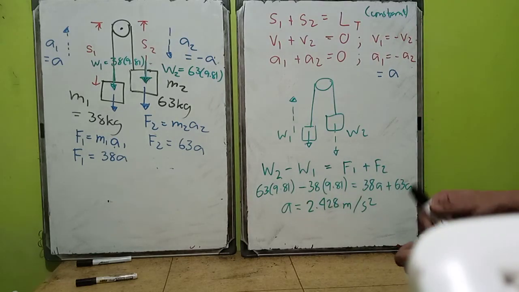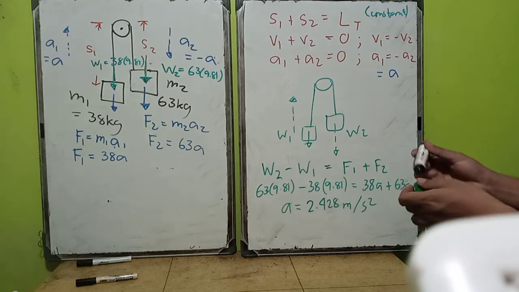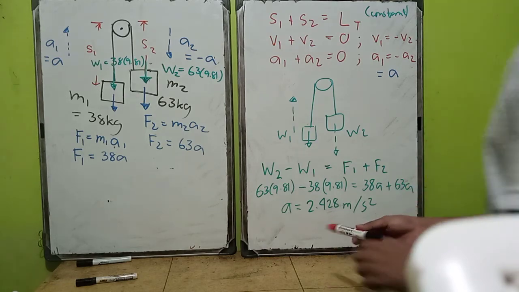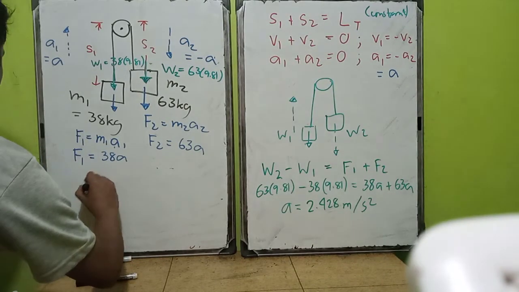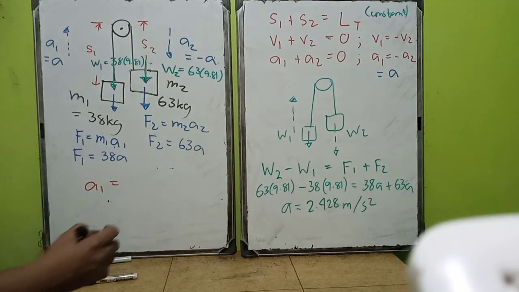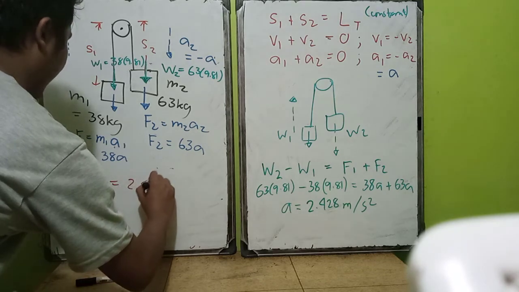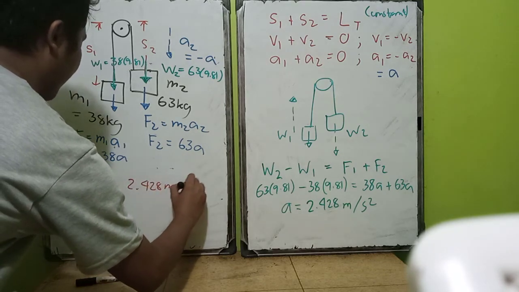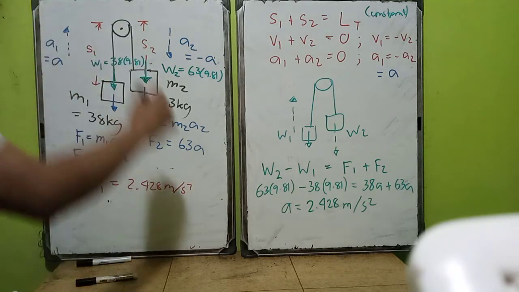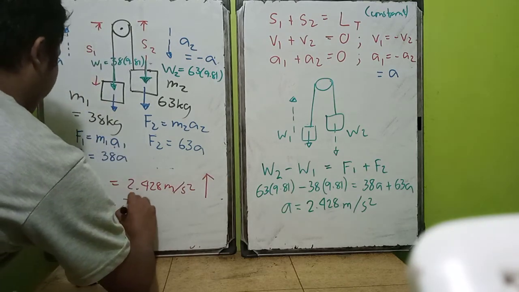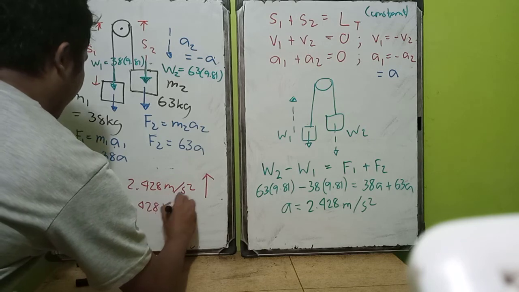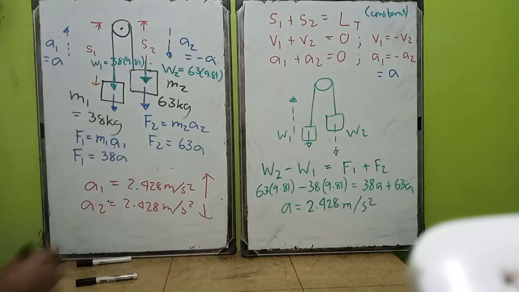So now we could say that A sub 1 is equal to 2.428 meters per second squared moving upward, and A sub 2 is 2.428 meters per second squared moving downward.